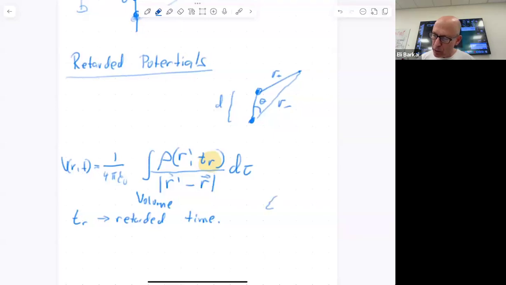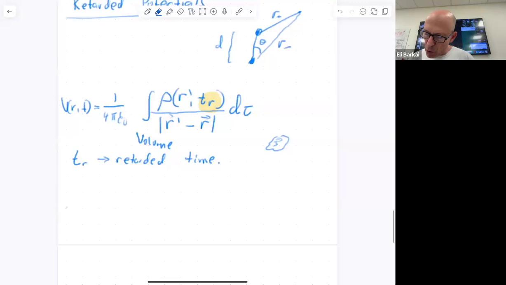So here I wrote it in general. Imagine some system with some J, then I need to have the charge density inside, or the J, and you need to do this integral. So what is this rho of r prime that I need to integrate here? I'm not specifying yet what the retarded time is, but I'll soon give it to you.